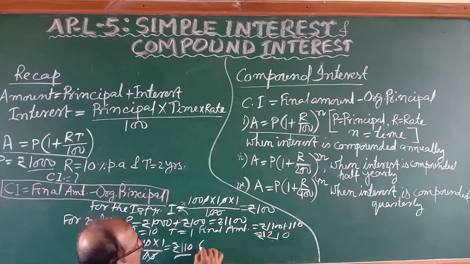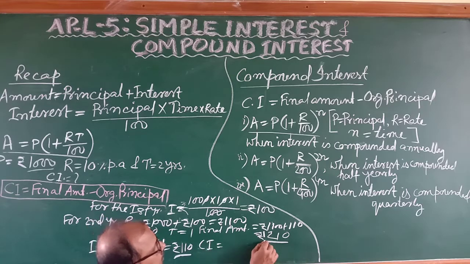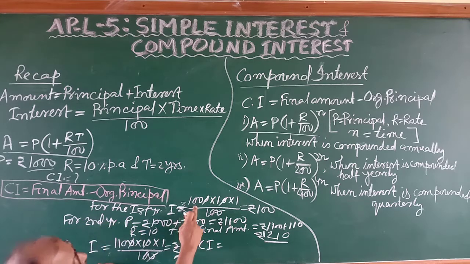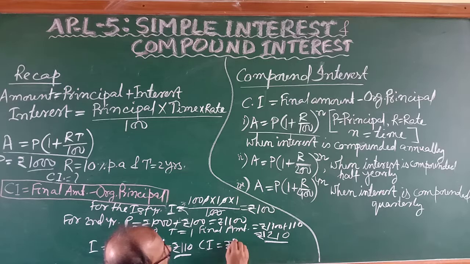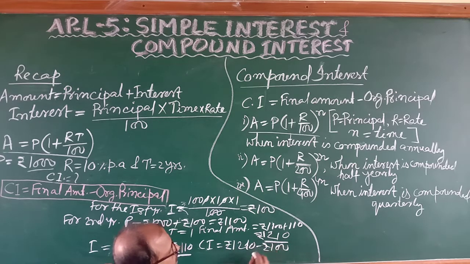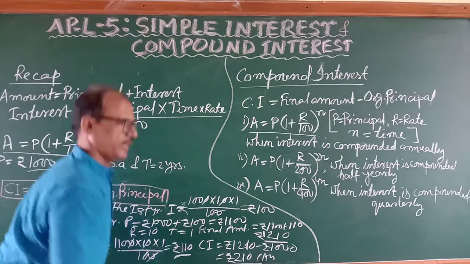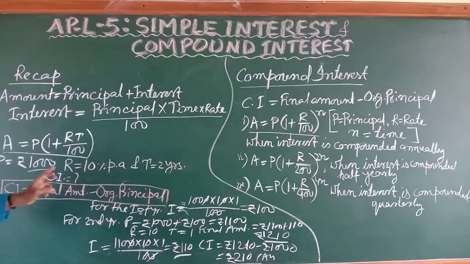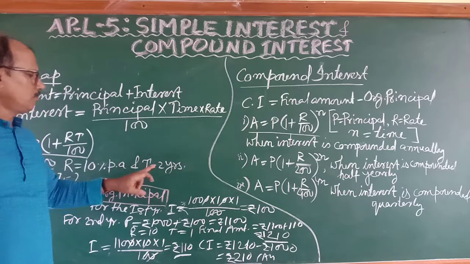Then CI will become how much? This final amount minus original principal, which is ₹1000. CI will become 1210 minus ₹1000, which is equal to ₹210. ₹210 will be the compound interest of ₹1000, 10% per annum for 2 years.